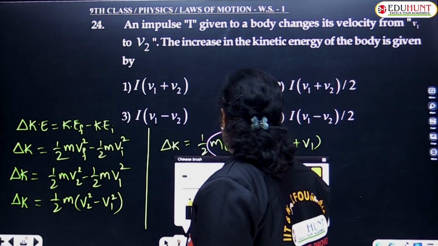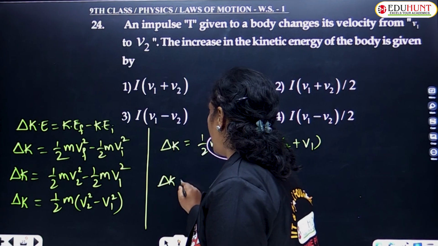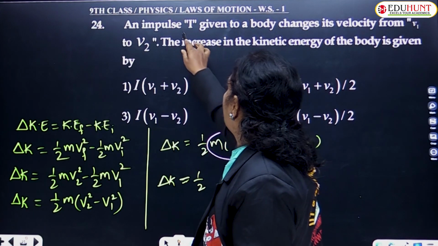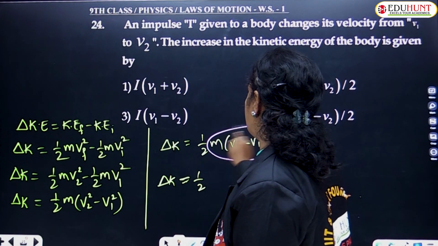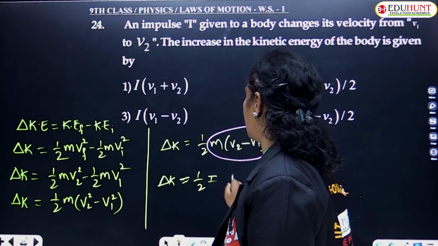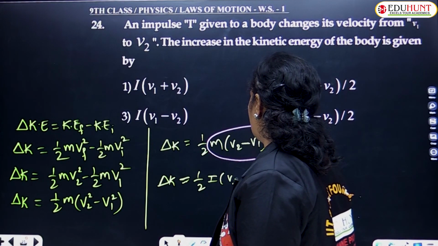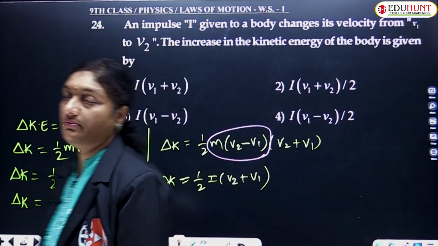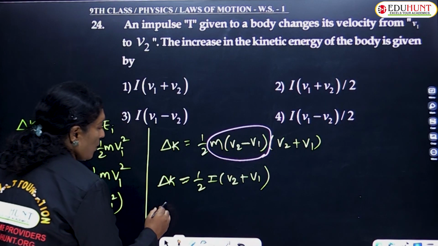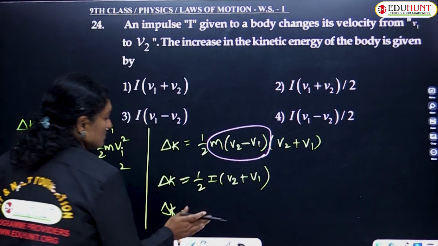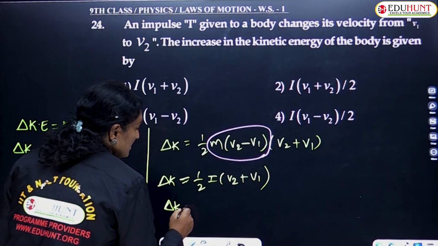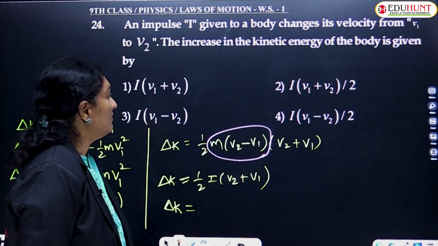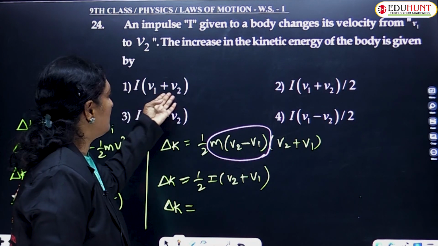So substituting those values, the change in kinetic energy was found to be half, and what is that, m times change in velocity? Impulse is indicated with the letter I. So this complete value, indicated with the letter I, into v2 plus v1. That's it. Rewriting in a proper way according to the options we have, where is I in the numerator, v1 plus v2?